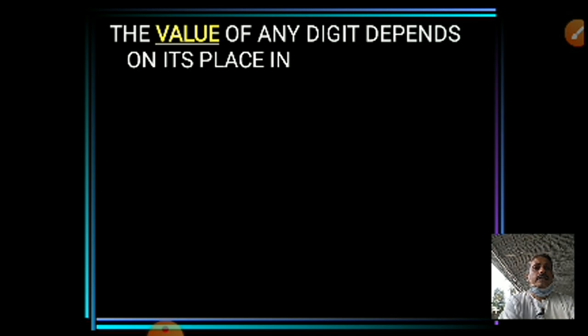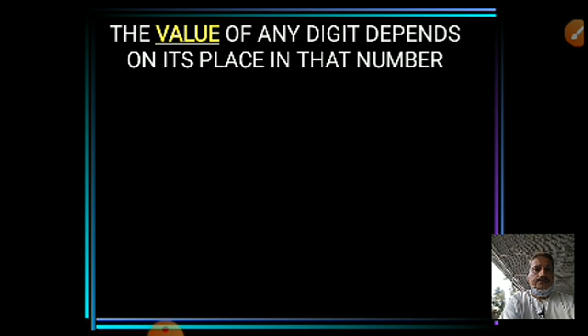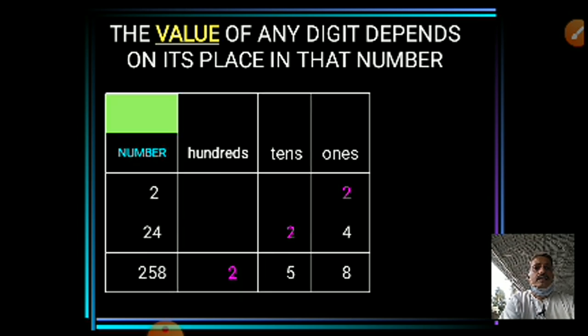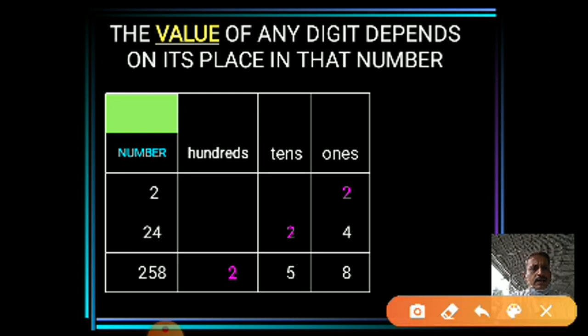The value of any digit depends on its place in that number. See, here only a 2 is written, so its value is in ones because there are no tens, no hundreds. Number 24 has 4 in the ones place and 2 in the tens place. Number 3 is 258.